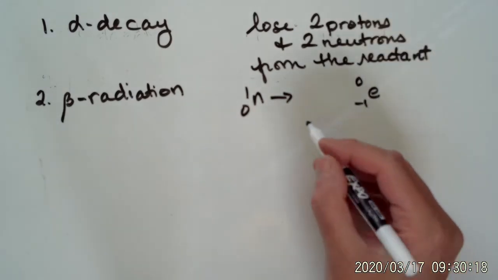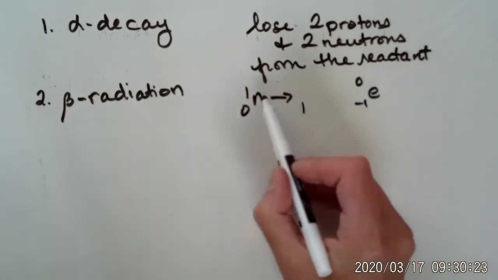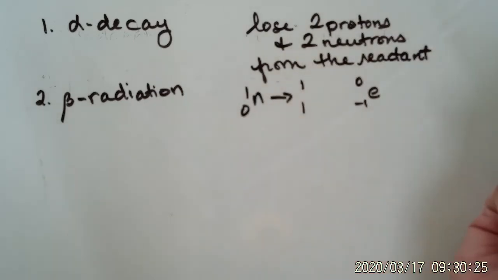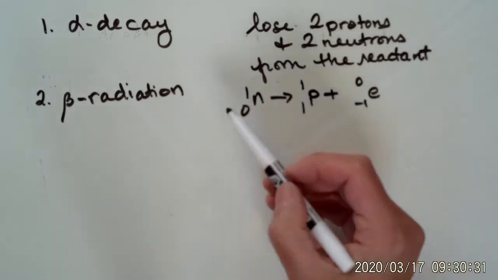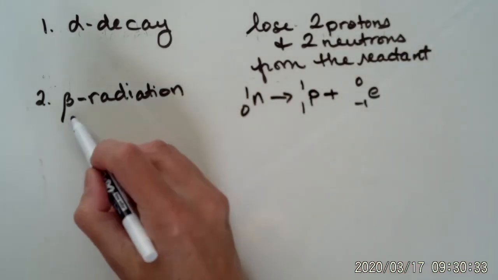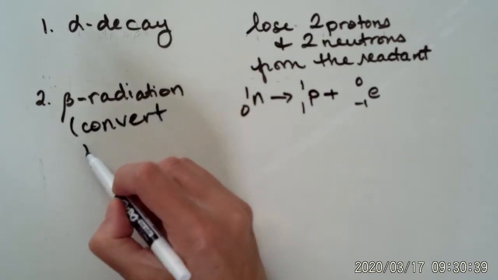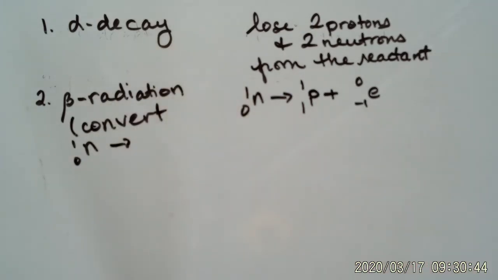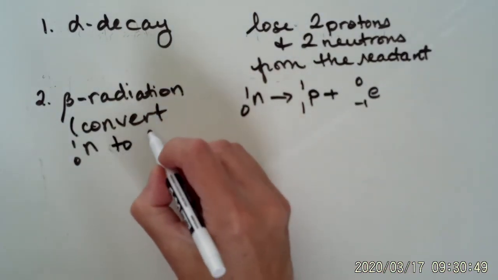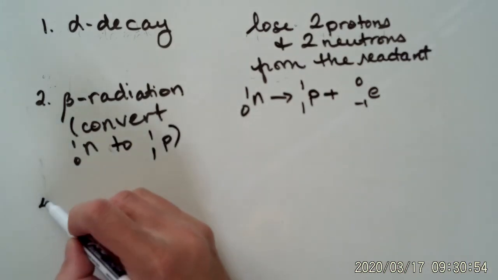Then the way to get this plus a 1 to get a 0, this plus a 1 to get a 1. Well, what particle is this? It's a proton. So beta radiation is a way to convert a neutron to a proton. Then gamma doesn't affect us.